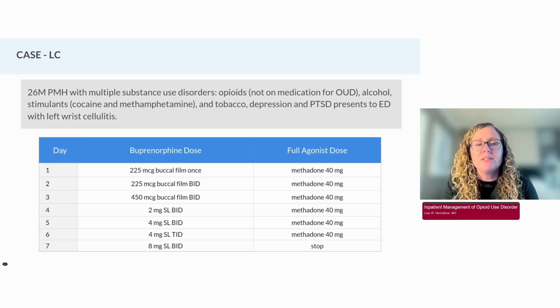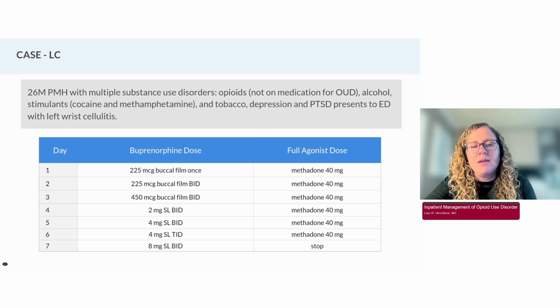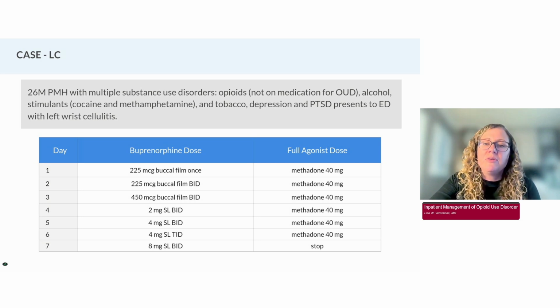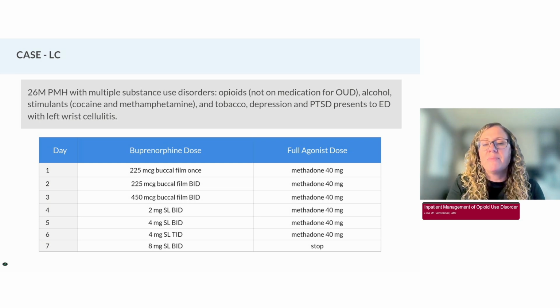In this case, we used a protocol that used the buccal films, the brand name being Belbuca, and in little tiny doses. We're talking the first film is 225 micrograms. And you're giving methadone in addition to that. Each day you're slowly building on that dose, eventually converting over to the sublingual films and continuing the methadone dose until somebody is receiving a therapeutic dose, and then you can stop the full agonist.